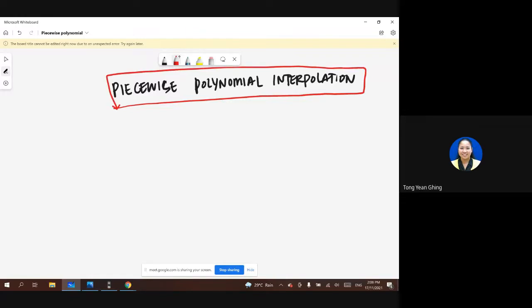Okay, let's consider we want to make a polynomial to go through all data points. If, for example, we have a hundred data points, how many degrees will the polynomial be? It's a 99-degree polynomial.